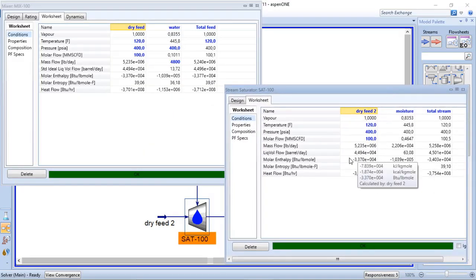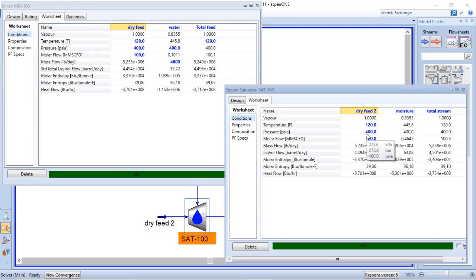Here we can see the comparison between the two streams, or the two processes, because they are different processes right now. In the first one, Karim specified the dry gas, the water and also the total feed. In my process simulation, once I added the saturator, I needed just to define the dry gas.